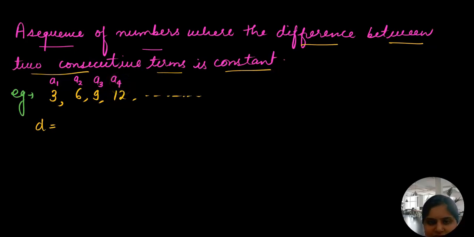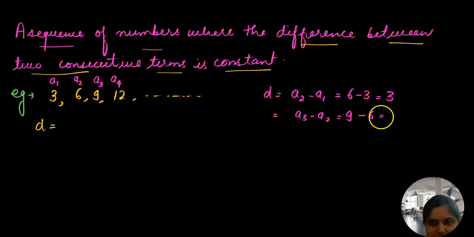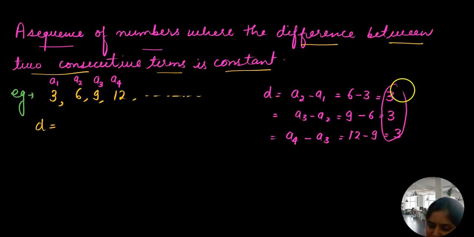To find the difference, d is equal to A2 minus A1, where A2 is 6 and A1 is 3, that is equal to 3. Now A3 minus A2: A3 is 9, A2 is 6, again the common difference is 3. Now A4 minus A3 is 12 minus 9, which is also 3. So we can say that the common difference is 3. That is why it is an arithmetic progression.